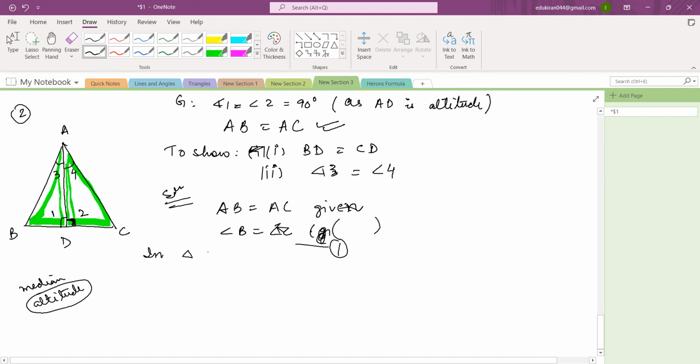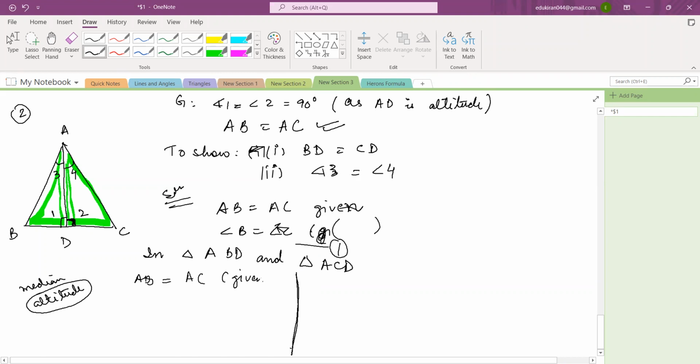In triangle ABD and triangle ACD, I'll do it 2 ways, whichever way you can use. First, AB is equal to AC, which is given.